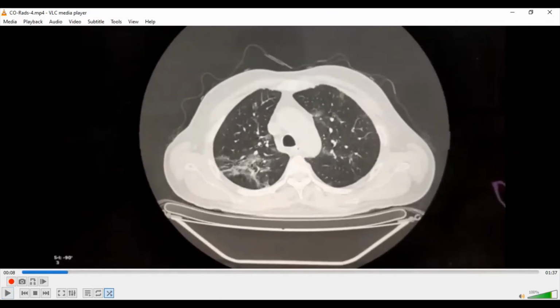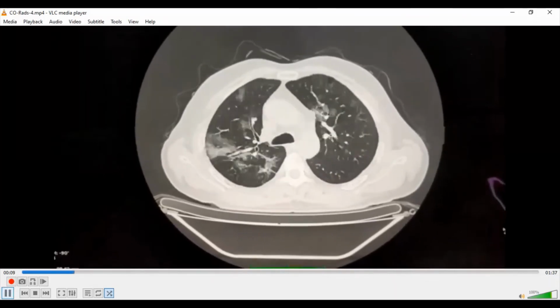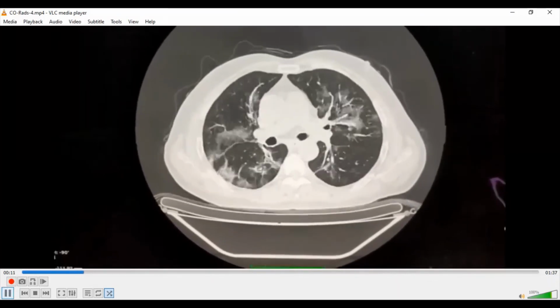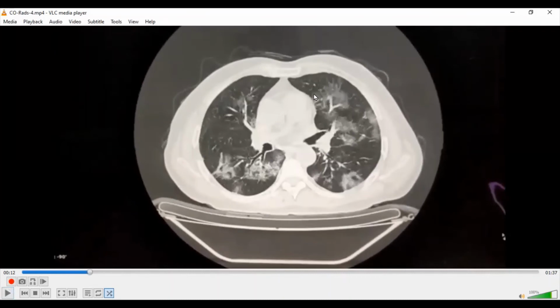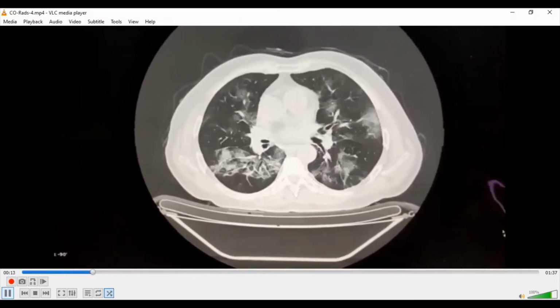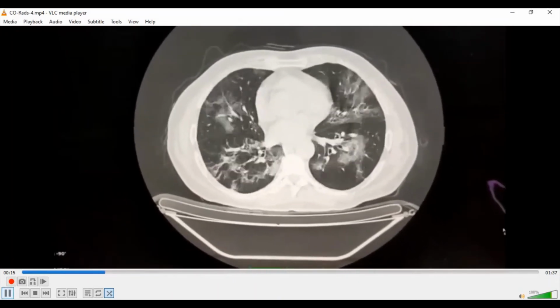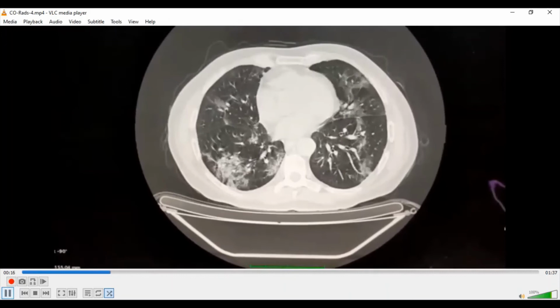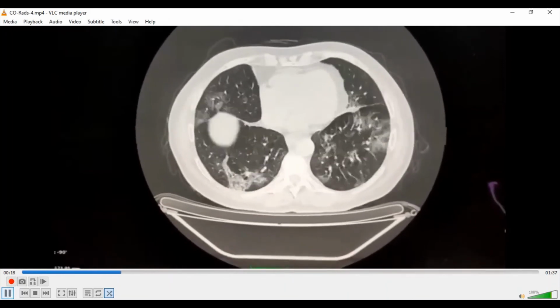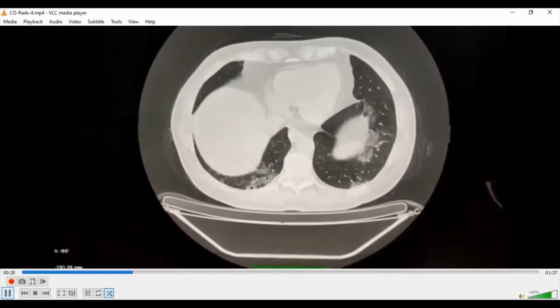It will not spare even a single lobe. Here you can see they started appearing more and more. These are the GGOs. This is highly suspicious of COVID pneumonia. As you can see here, more and more areas are involved.